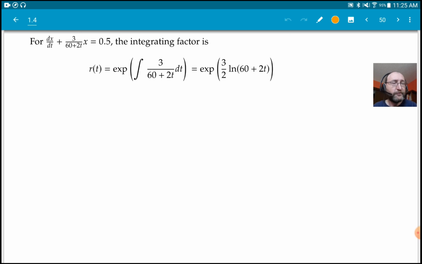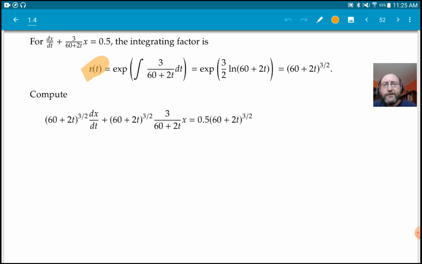So you do a little bit of calculus. You find that the antiderivative is this. You take the exponential. Just using the laws of logarithms, this 3/2 goes upstairs, and then the exponential and logarithm cancel out, killing each other, because the exponential is the inverse of the log.